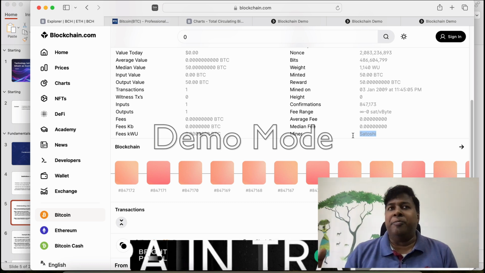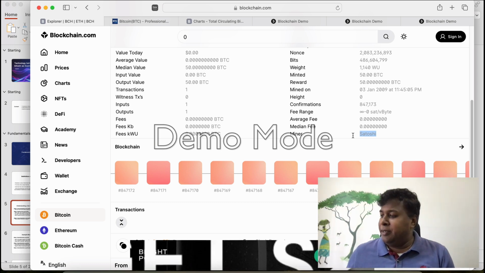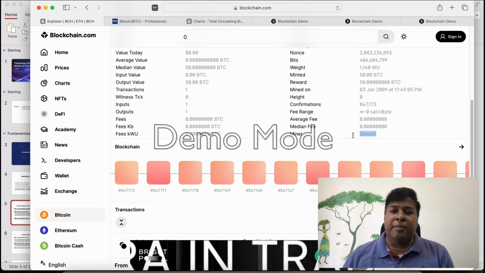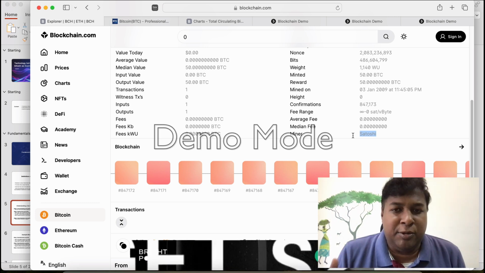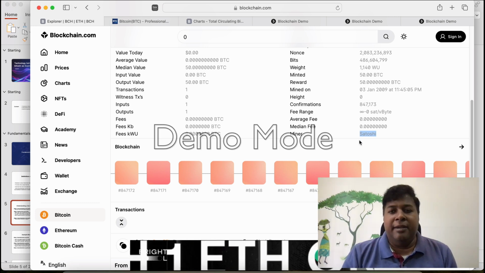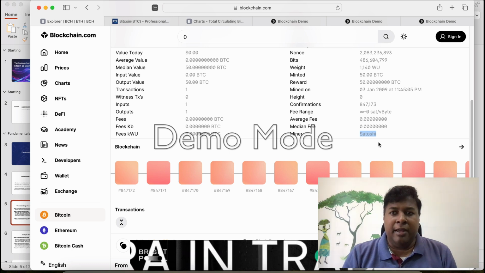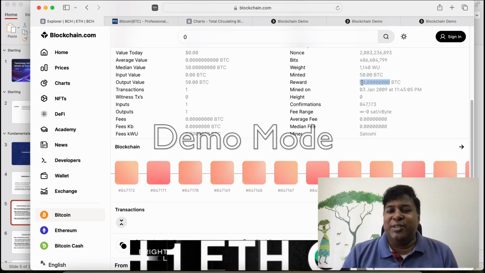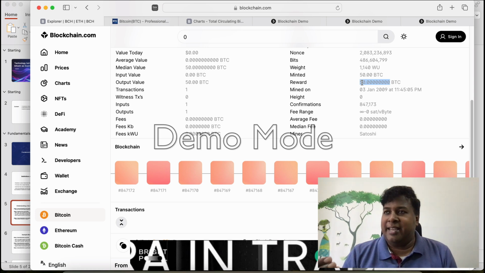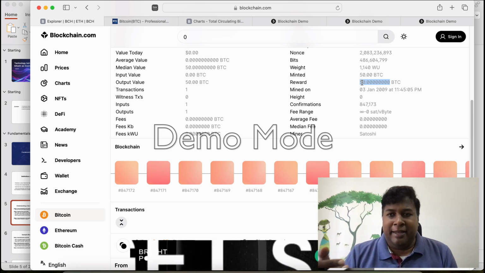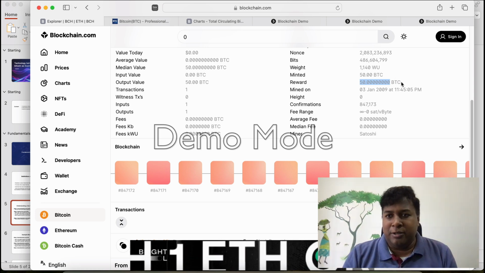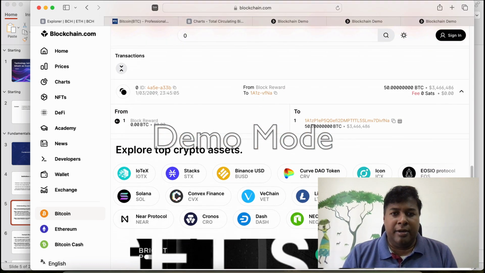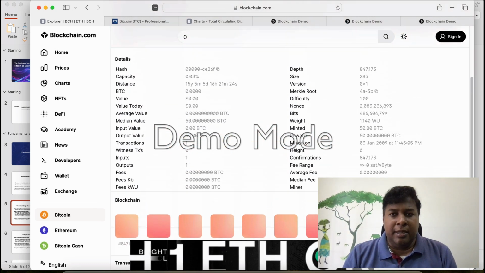Satoshi Nakamoto was the person who found Bitcoin, and he mined the first block himself and got 50 BTC for that. In those times it would probably be worth 1 cent or 1 penny or something like that, so it's a very small amount.